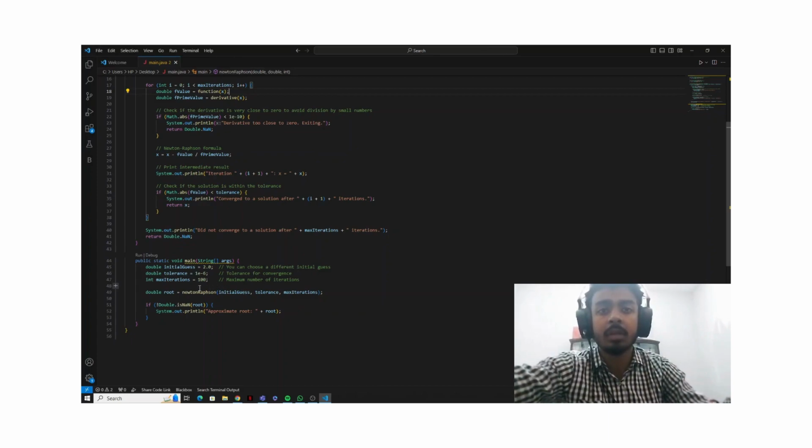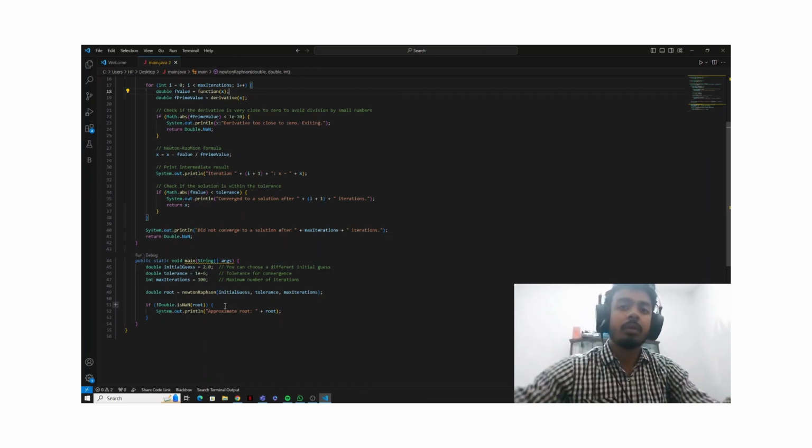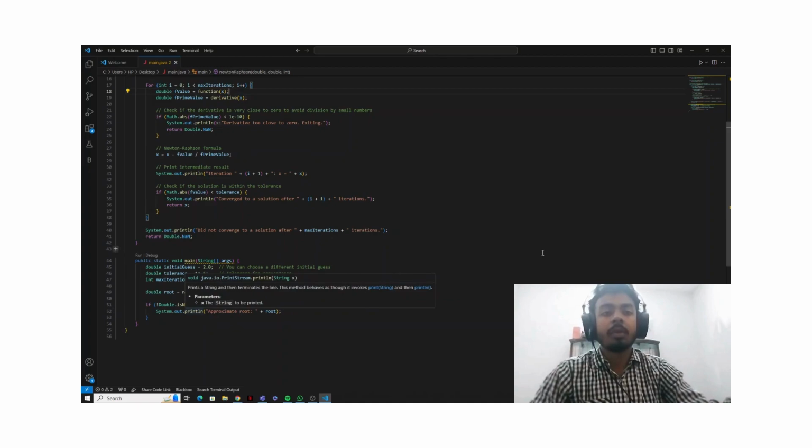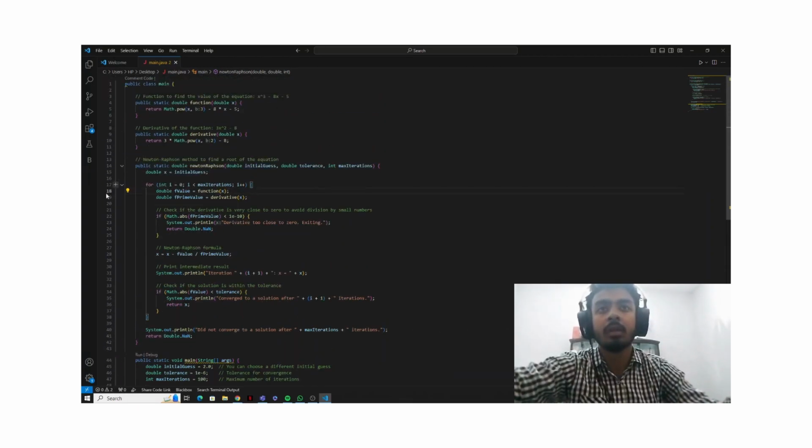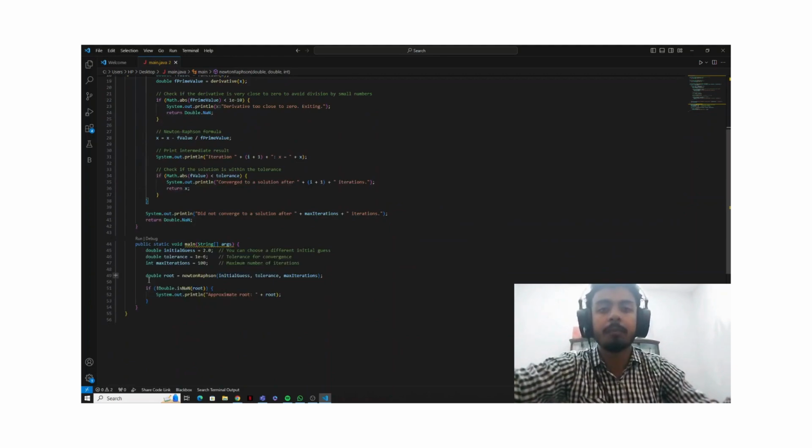Then we use double root is equal to the Newton-Raphson method with the 3 parameters, to find a root of the equation that we have taken. Then we check whether it runs with the iterations.